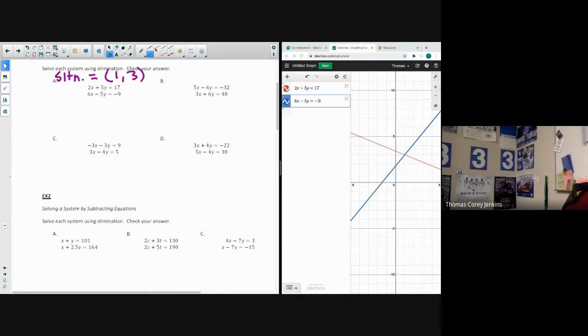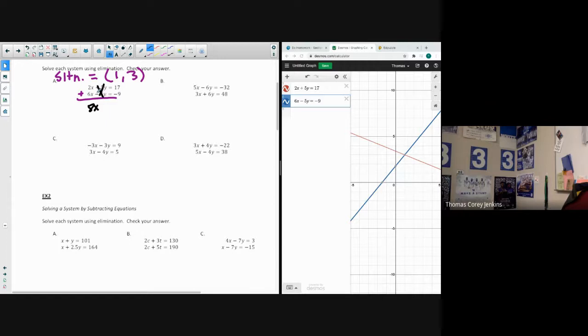So what we need to do is always eliminate one variable. Notice on these examples, 5y and negative 5y make 0. Negative 3x and 3x make 0. Negative 6y and 6y make 0. So these are all perfectly set up for elimination. In other words, all you have to do is add the two rows together, and one of the variables is going to go away. So 2x plus 6x is 8x. 5y minus 5y is 0.